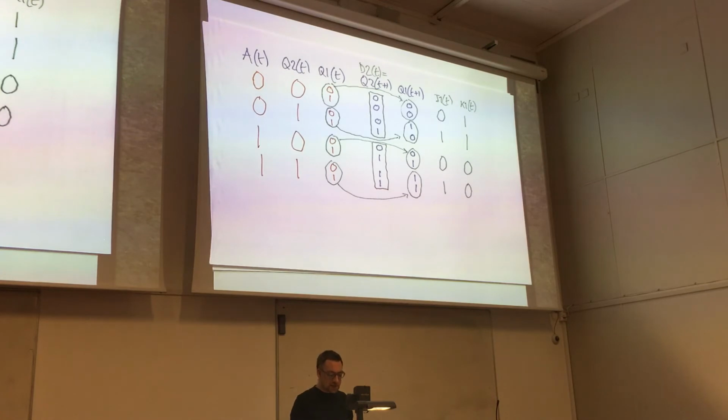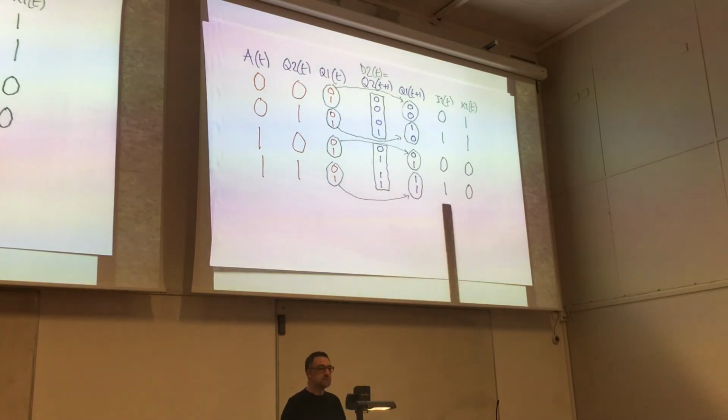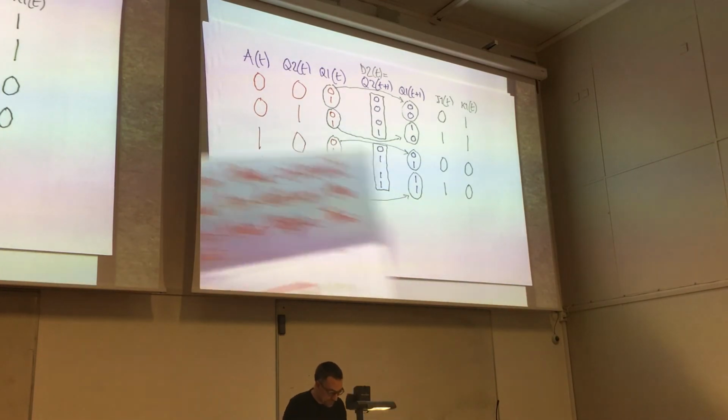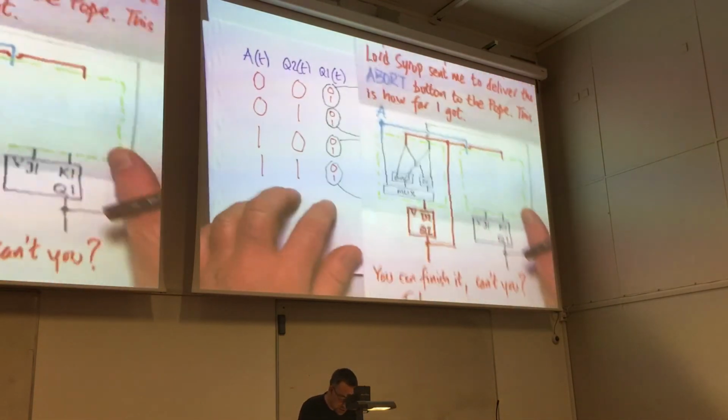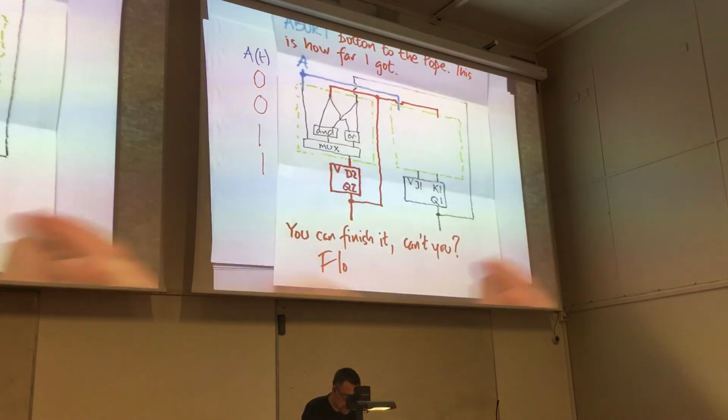Can anybody suggest how we build the circuit for J? We're computing J and K from A and Q2. What do we need? Wire. We want to wire Q2 into J.